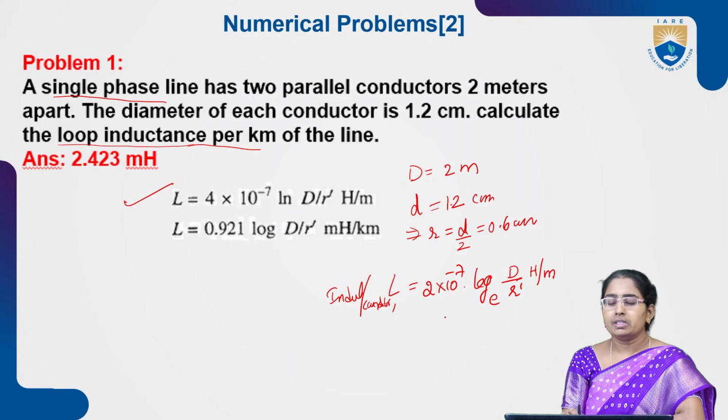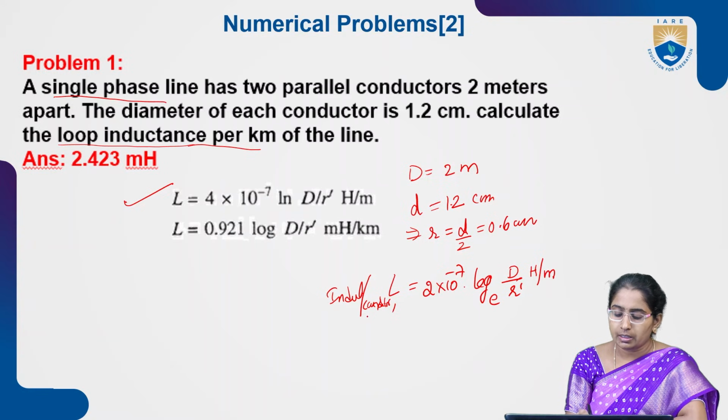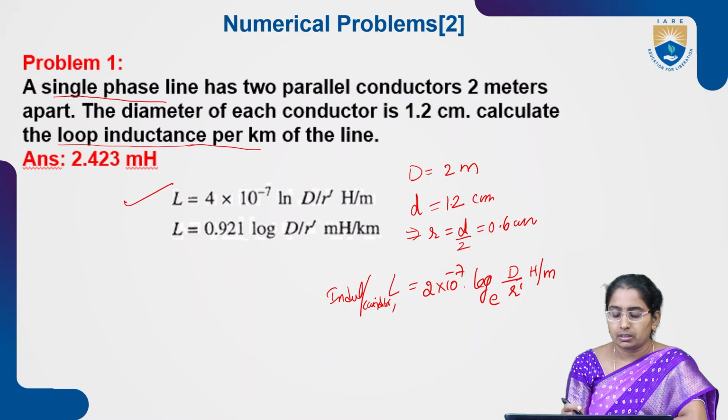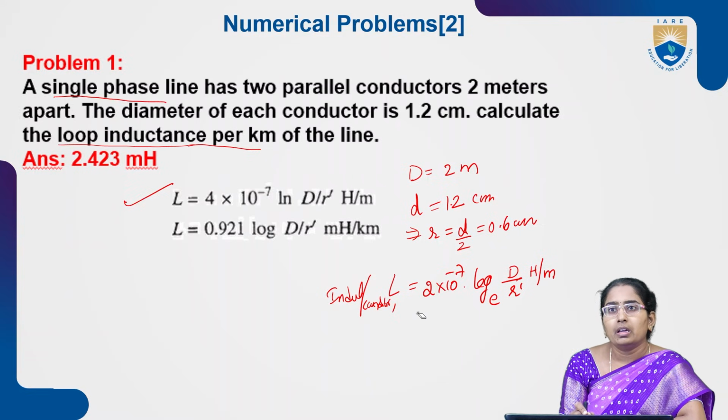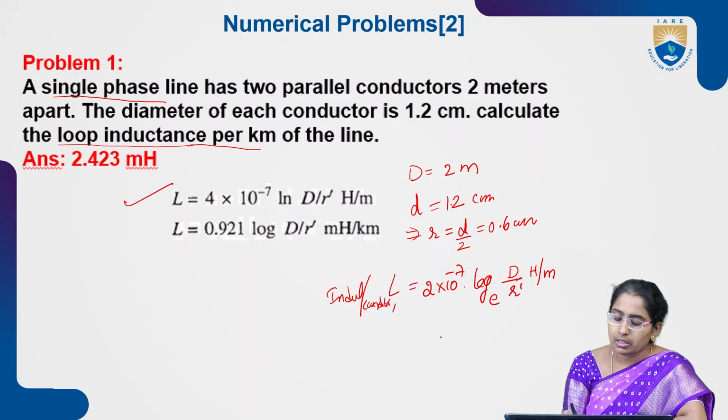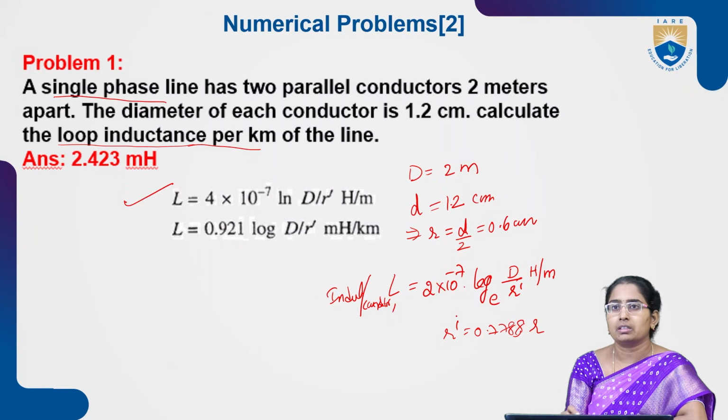This is the standard expression for the inductance per conductor. Here capital D is the distance between the conductors and R dash is 0.7788 R, where R is the radius of the conductor.